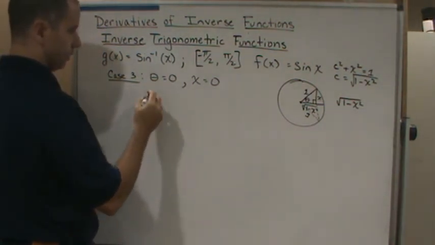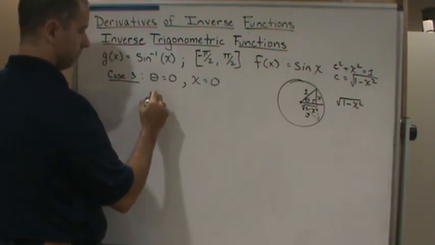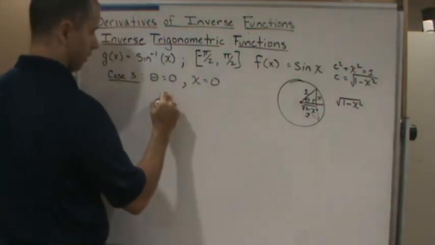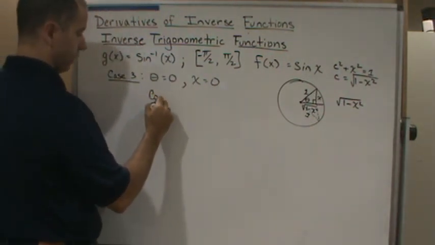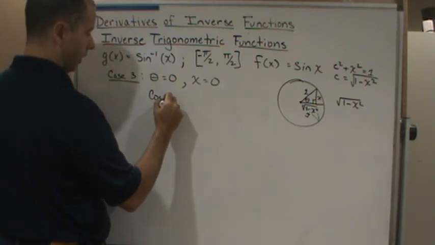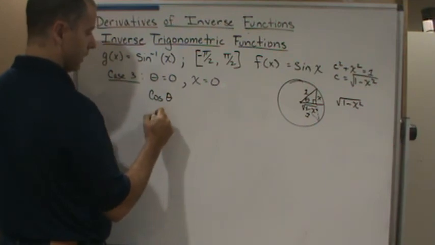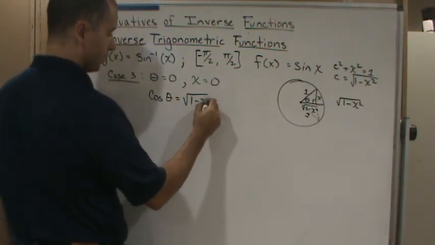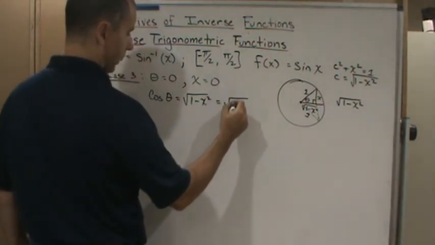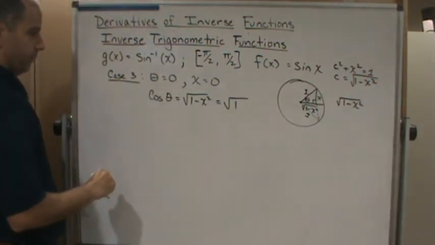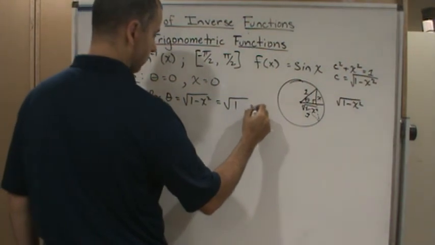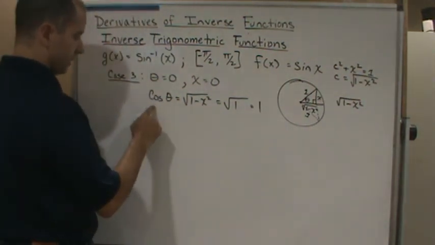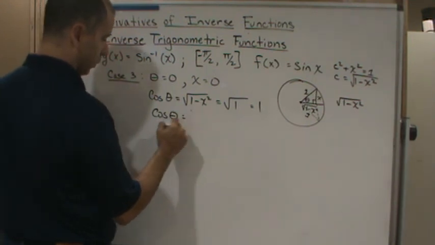So cosine of theta equals the square root of 1 minus x squared, which equals the square root of 1, which equals 1, which is the same as cosine 0.